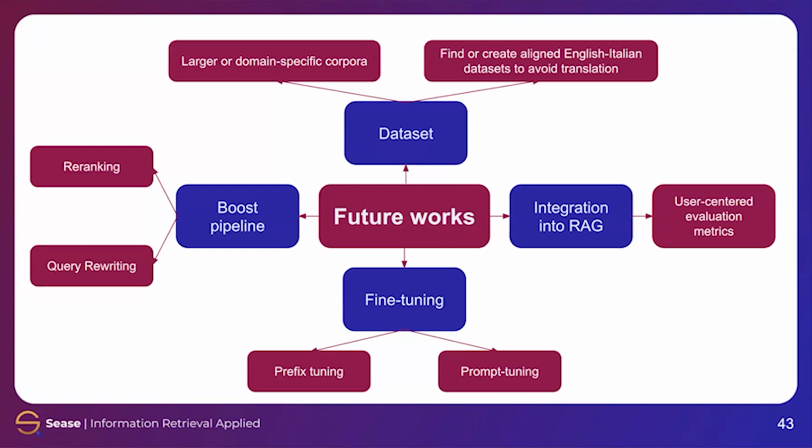Since they didn't provide me with a domain-specific dataset, it would be useful to try fine-tuning the model on domain-specific data to see if a good dataset can actually improve the performance. And we didn't explore the ranking part, query rewriting in particular, because we don't want to rely on LLMs in the first part. And a different fine-tuning technique might also be explored.